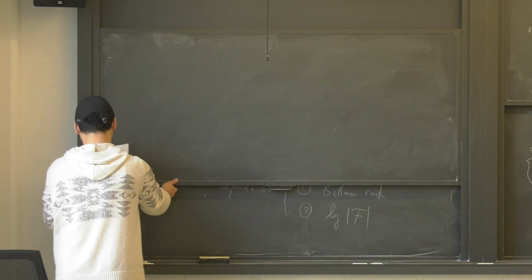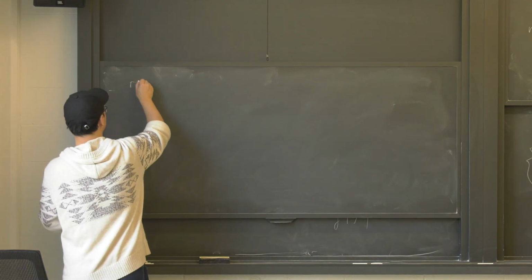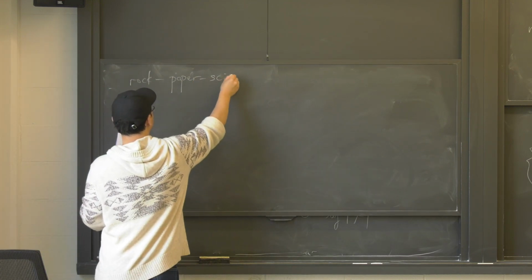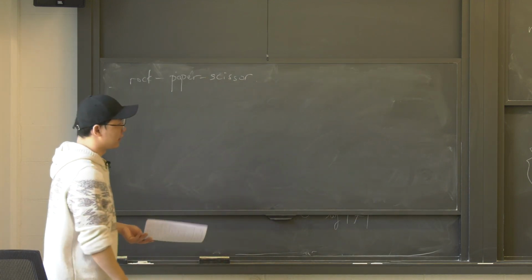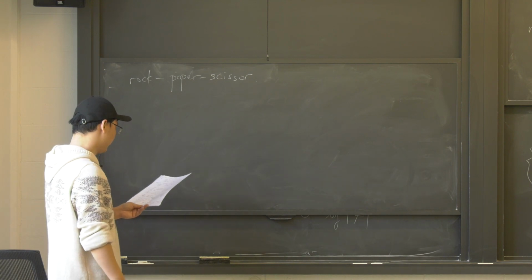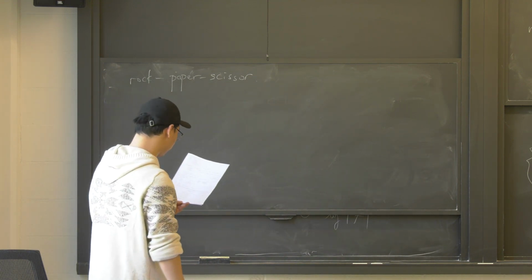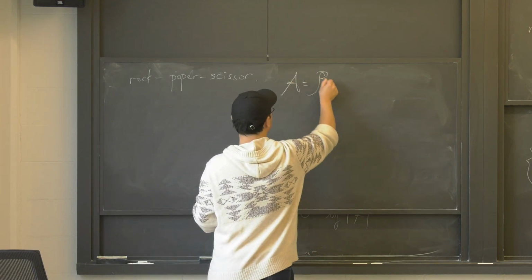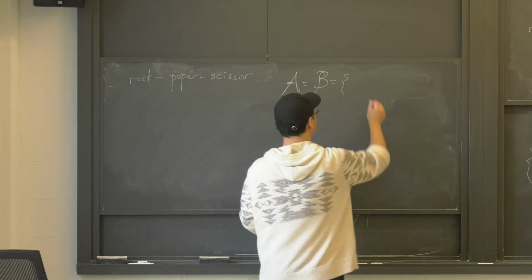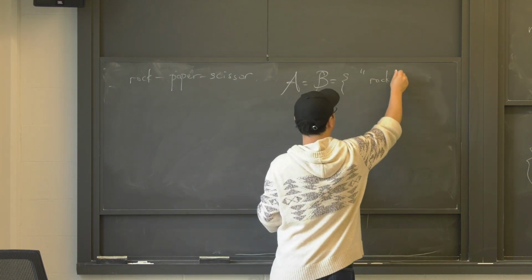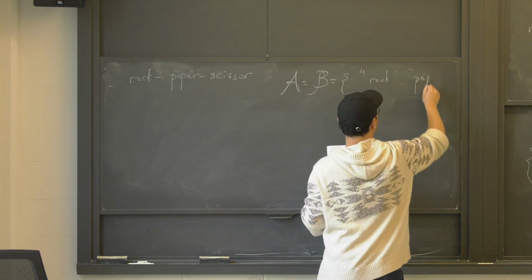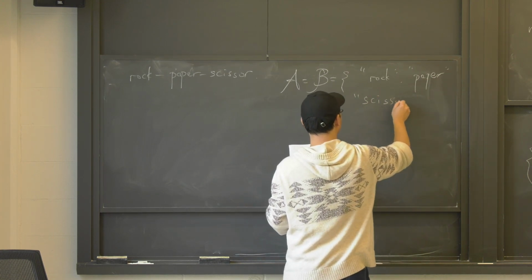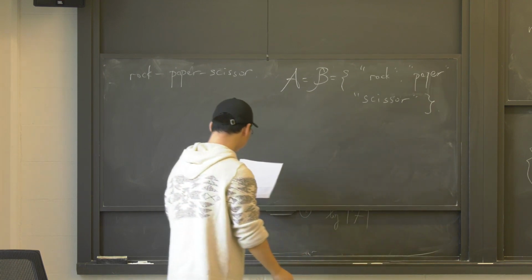We can look at the game rock, paper, scissors. This is a perfect example of a normal form game because both players have the same action set, where we have three actions: we will either choose rock, or paper, or scissors.